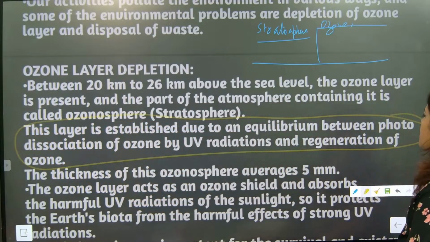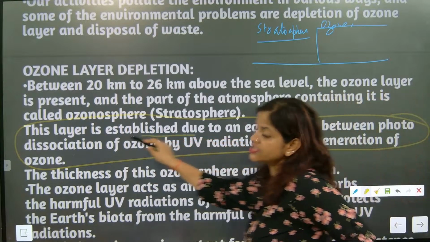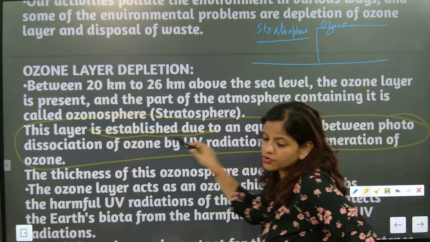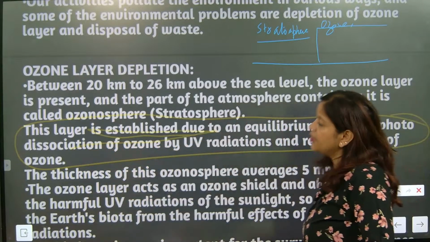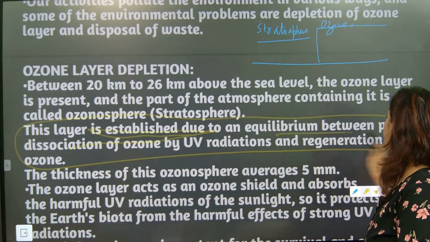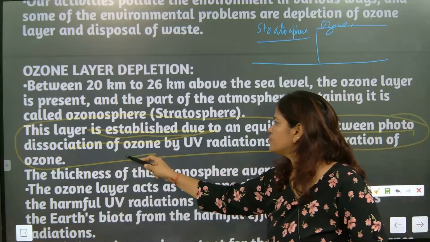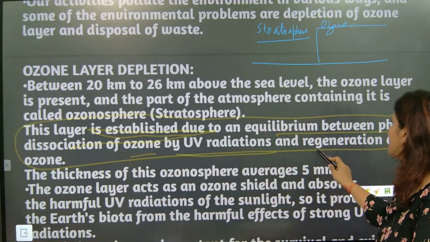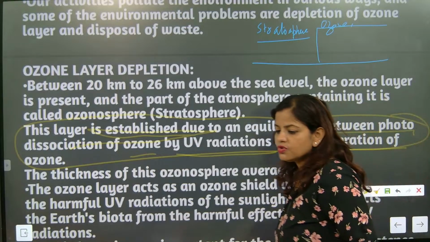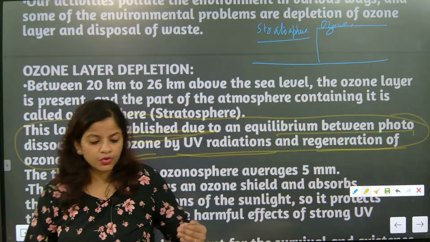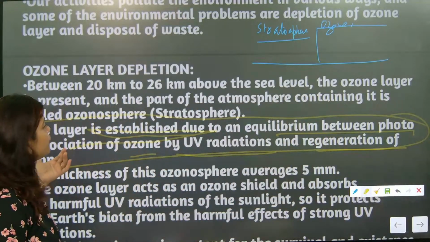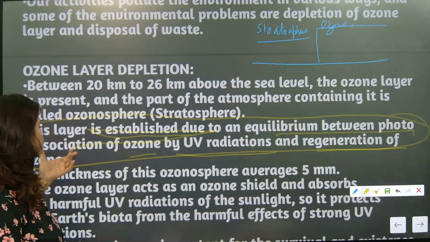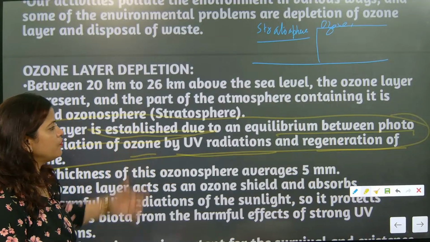Remember, this layer is established. How is ozone created? Due to equilibrium between photodissociation of ozone by UV radiations and regeneration of ozone. So what exactly is photodissociation of ozone by UV radiations?